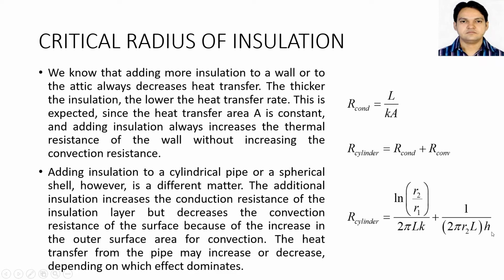So if you see, when your R2, the outer radius, increases, the conduction resistance is increasing. But when R2 increases, the area increases, and as area increases, your convection resistance decreases. So there will be an increment in conduction resistance and a decrement in convection resistance.